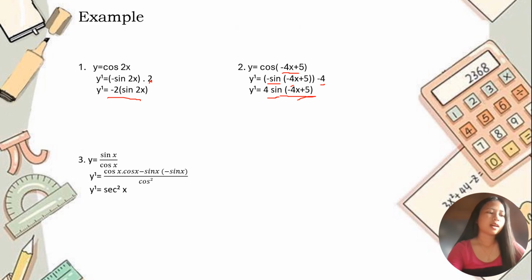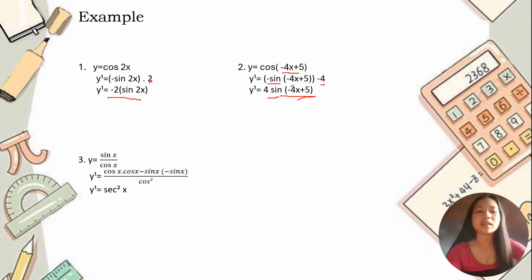We all know that the formula of the quotient rule is y prime is equal to b a prime minus a b prime over b squared. The derivative of sine is cosine and the derivative of cosine is negative sine.